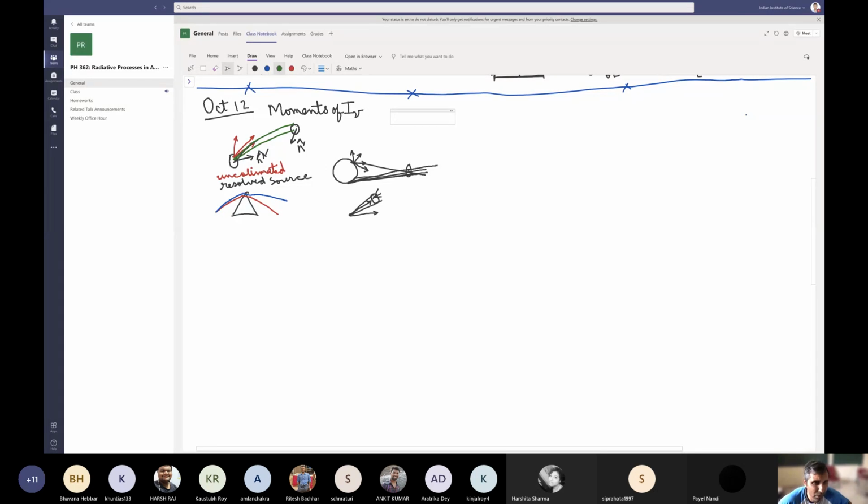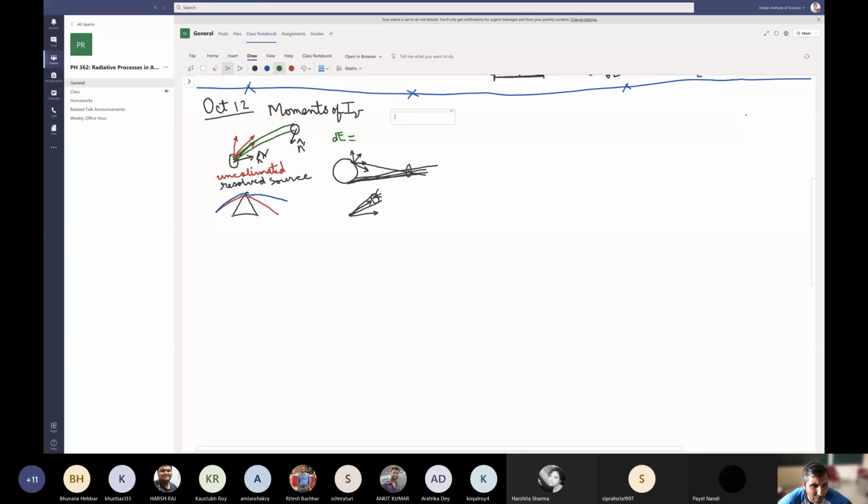Right, so the detector comes into play because there is a solid angle in the definition. So dE, right, the energy received, crossing per unit area per unit time, or crossing in time dt.